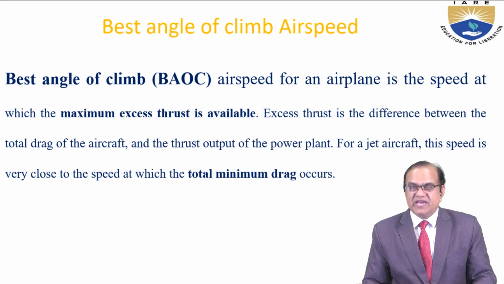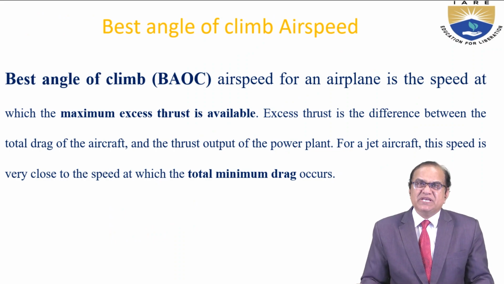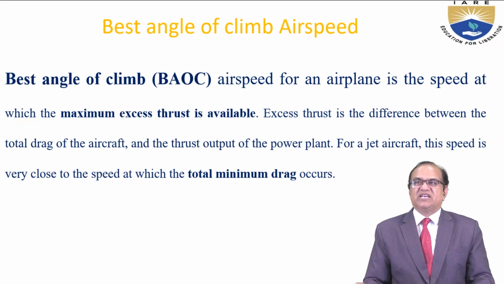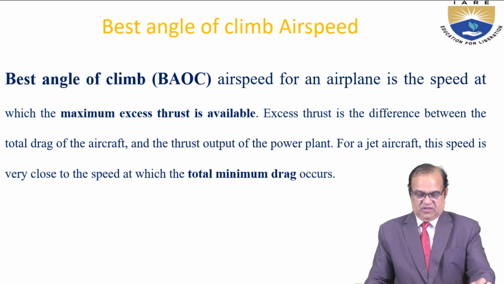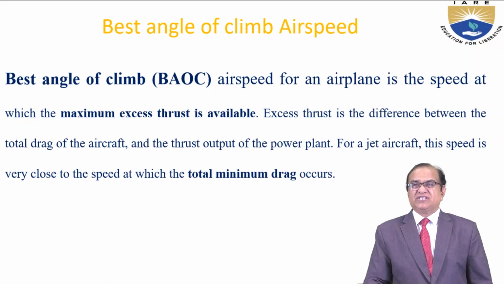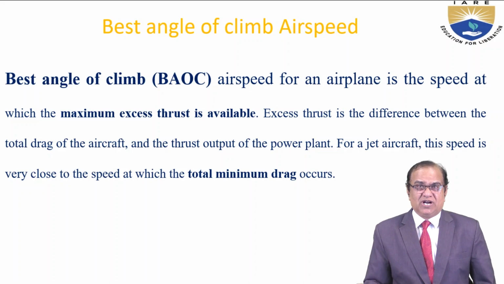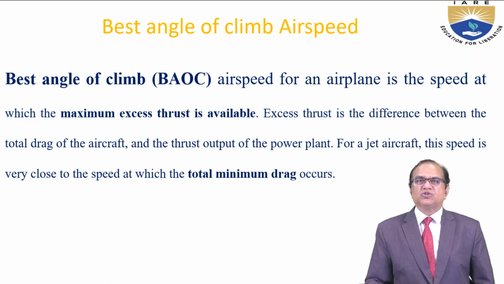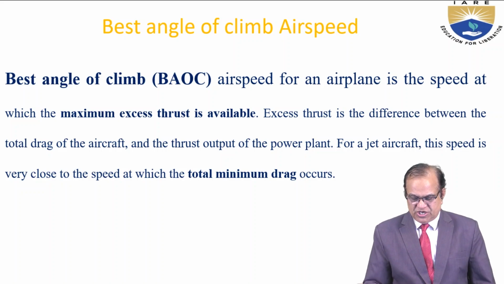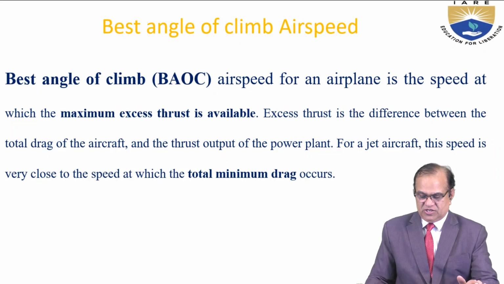Best angle of climb airspeed. Best angle of climb airspeed for an airplane is the speed at which the maximum excess thrust is available. Excess thrust is the difference between the total drag of the aircraft and the thrust output of the power plant. For a jet aircraft, this speed is very close to the speed at which total minimum drag occurs.